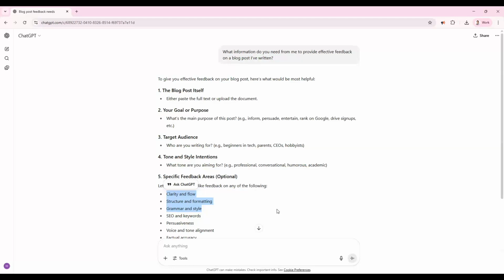You can let ChatGPT know that you want to pay particular attention to grammar and style. It could also be that structure and formatting is a challenge for you, so you want to make sure that the structure is logical and that it has a really nice flow.